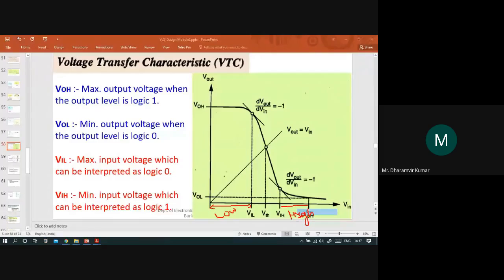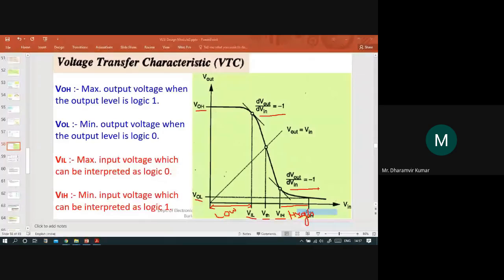What is there here is that some new parameters are introduced. You will see here, for example, VOH, VOL, VIL, VIH, and VTH, and the slope defined at these points.